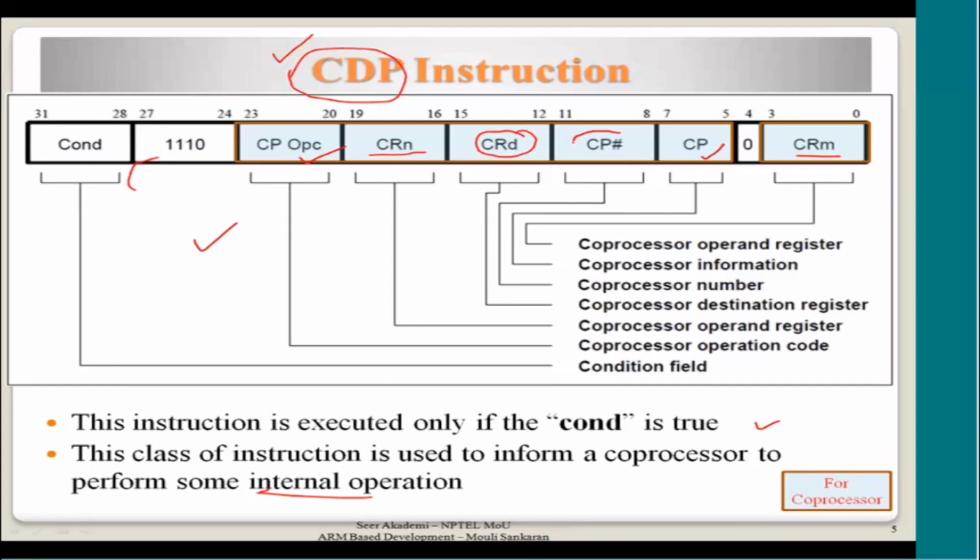And this is the coprocessor number. It can vary from 0 to 15, which is why 4 bits are given. Based on this CPID, the coprocessor ID, a specific coprocessor in the system will acknowledge, saying that I am taking this instruction. Then they will know that these are the bit patterns they need to interpret, and accordingly perform the operation.